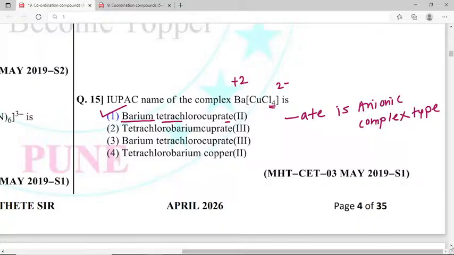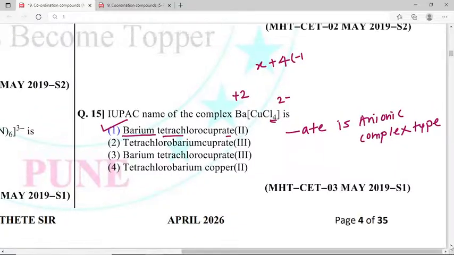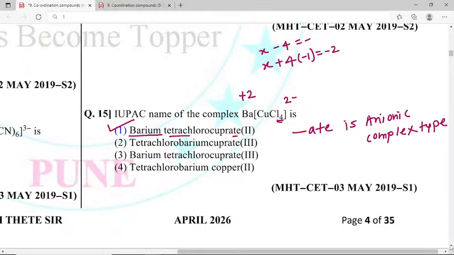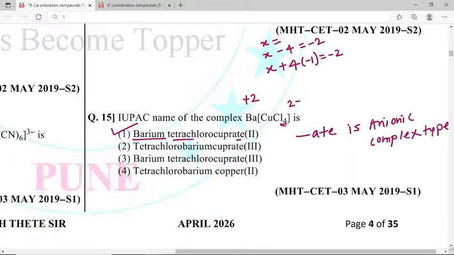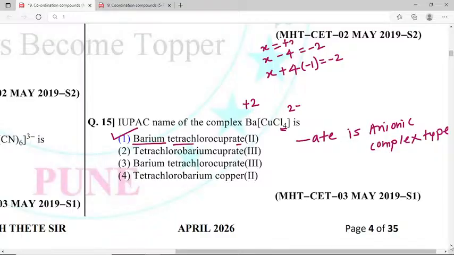So what is the calculation? Copper having the X value. So 4 times Cl, each Cl has a minus 1. So X minus 4 is equal to minus 2. So X is equal to plus 2. So plus 2 is your answer. So option number A is correct.